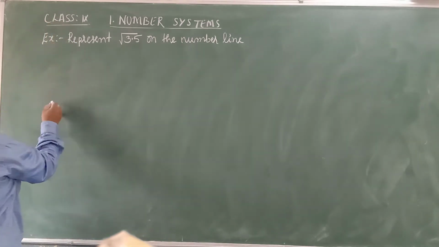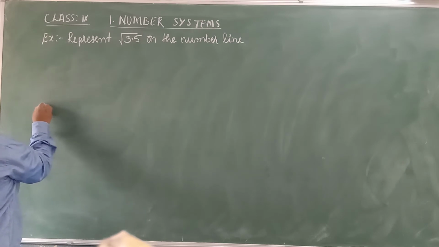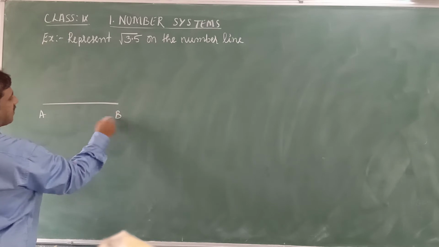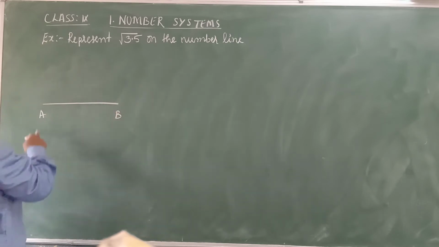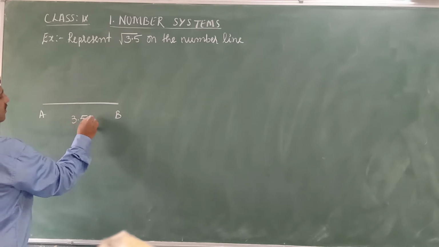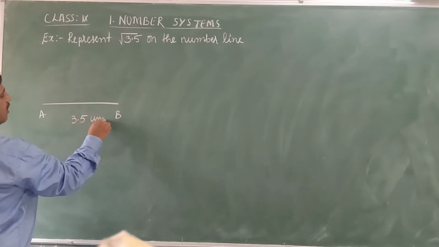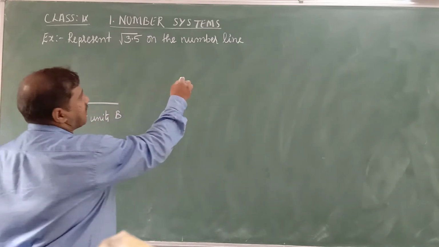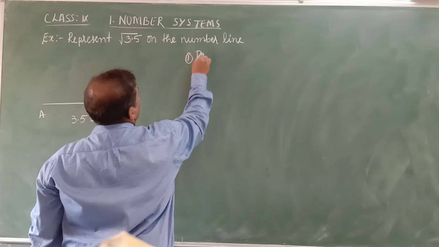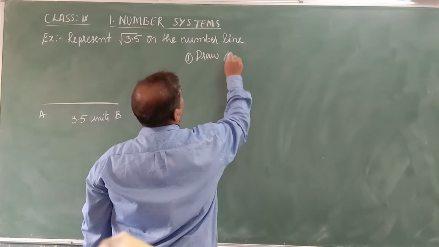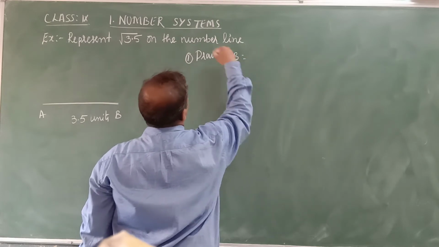First step: draw a line segment AB equal to 3.5 centimeters or 3.5 units. AB is 3.5 units, the given number.